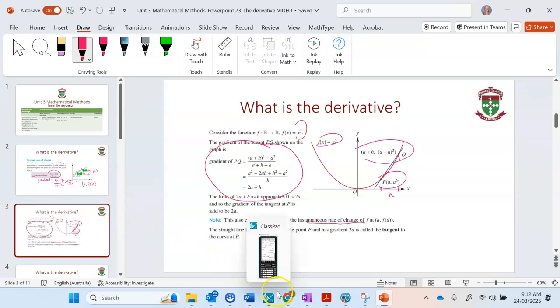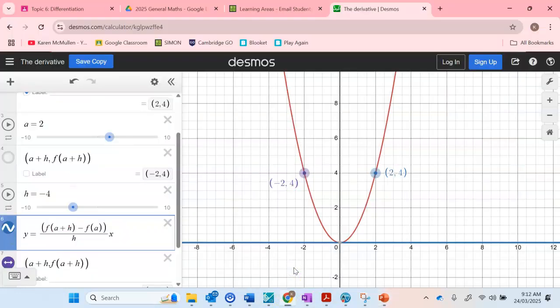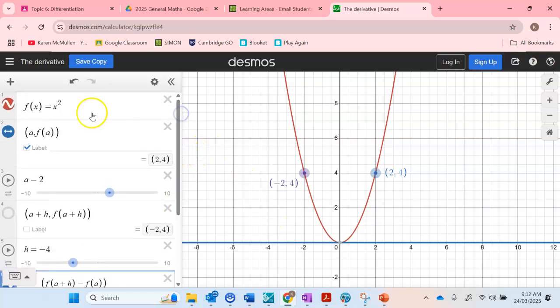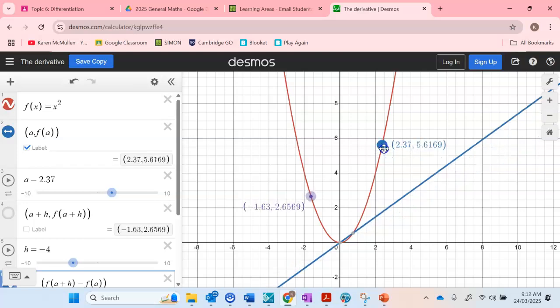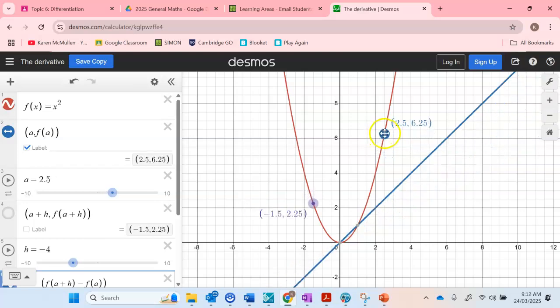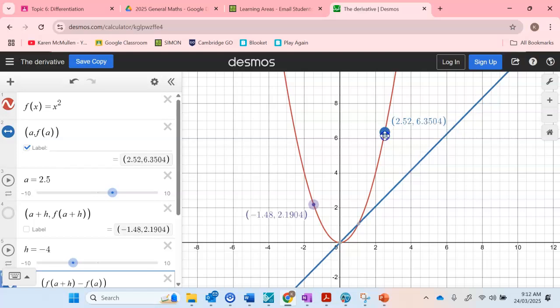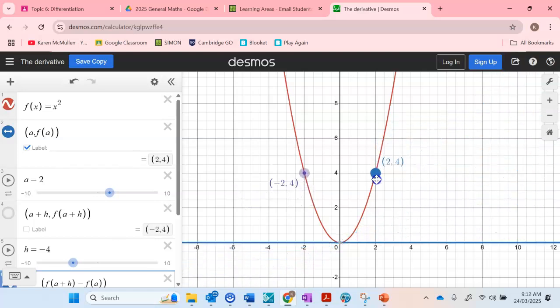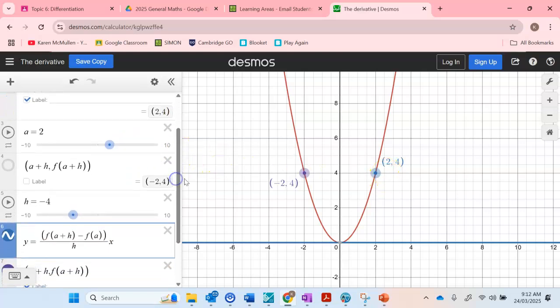All right, so let's have a look at a diagram on Desmos. So here we've got our function x squared, which is our red one, and I've got a point here on the graph. I can just move that around. So I might put it back here at (2, 4), just because it's easier to see. That dot there is a point on the curve, and this is going to be h.